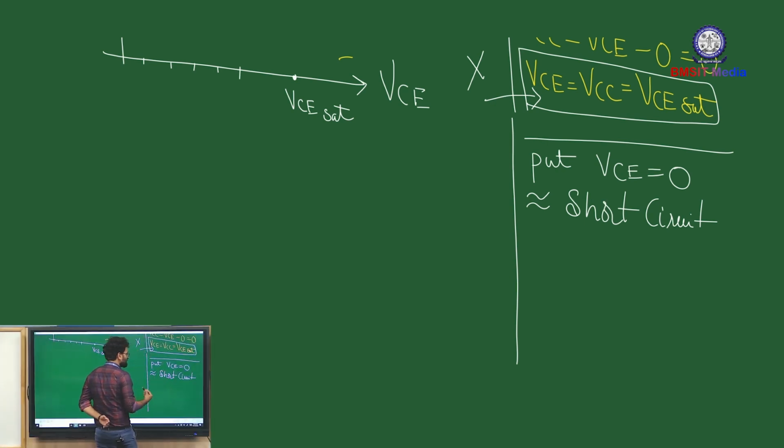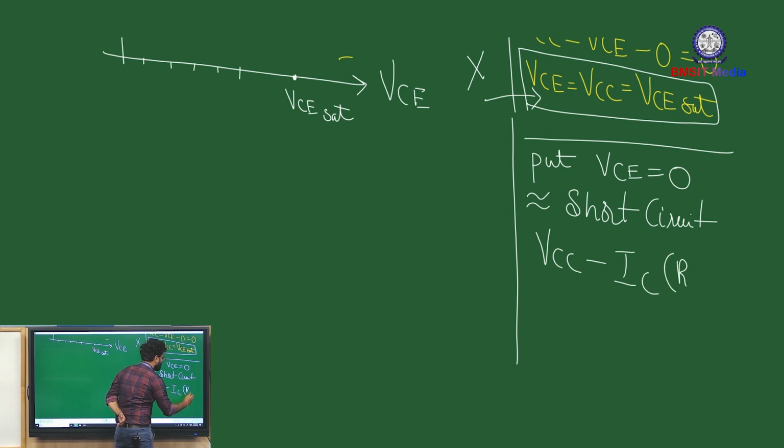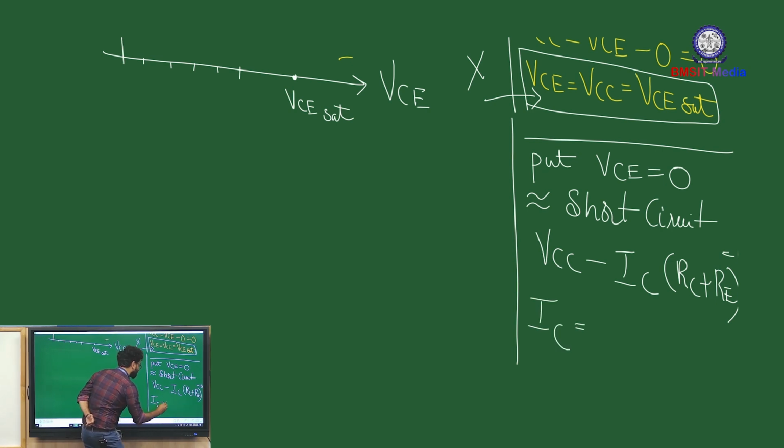If you assume VCE is equal to 0, then your output KVL equation will have only the power supply term, which is VCC, followed by VCE, which we have assumed 0. You are left with IC into RC plus RE is equal to 0, right? And then you can find IC, which is essentially Ohm's law, I is equal to V by R. So it is VCC by RC plus RE.